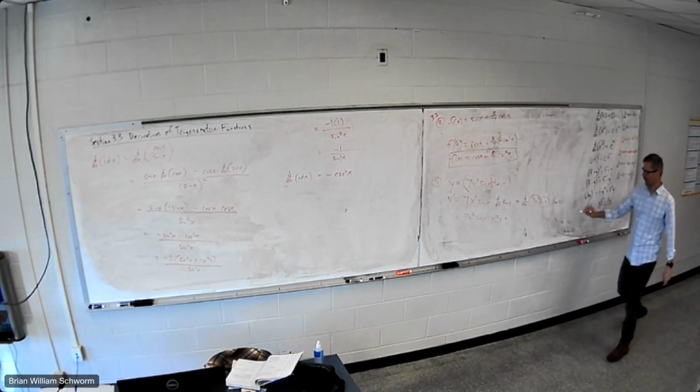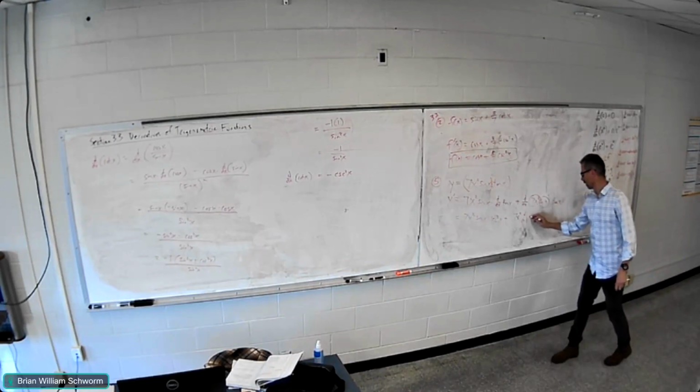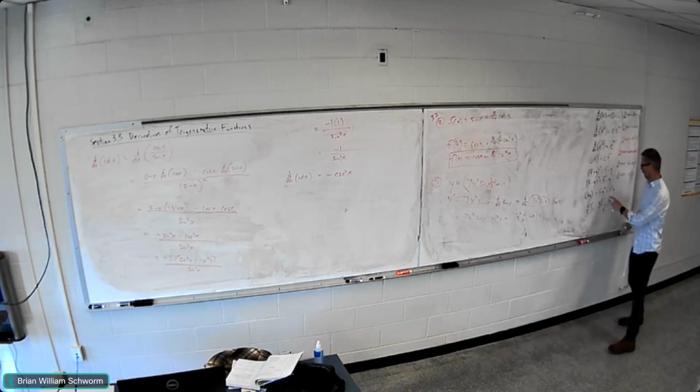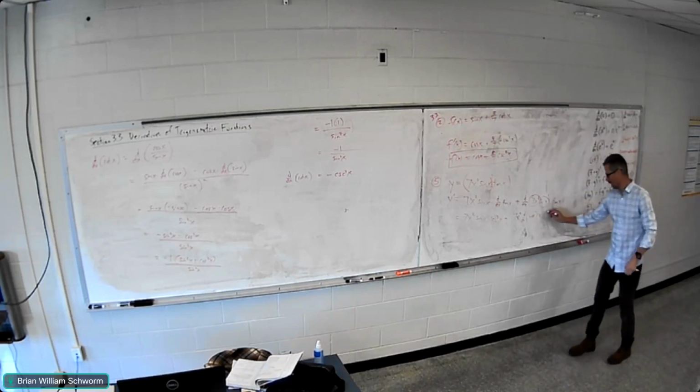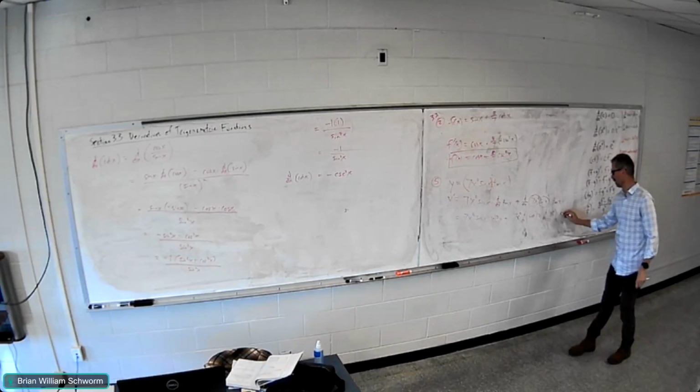So it's the first, 7x squared, times the derivative of the second, sine of x, plus the derivative of the first, 7x squared, times the second, sine of x.